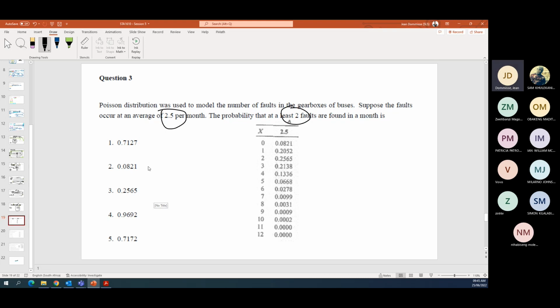Okay, so let's look at the next question. Again, here they talk about Poisson distribution. But if they didn't tell us Poisson distribution, let's see what else they give us. It was used to model the number of faults in a gearbox.